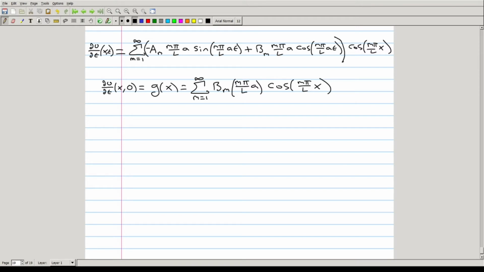And to be a little bit more specific, we'll call this coefficient just bm, lowercase bm.